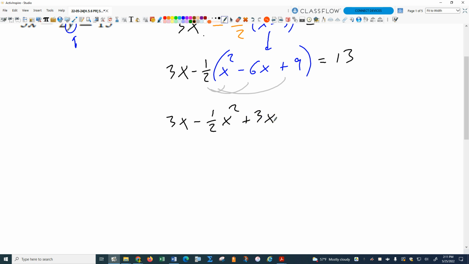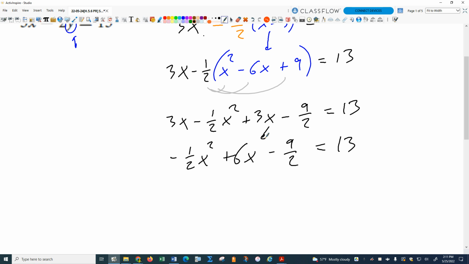And negative 1/2 times positive 9 is just minus 9/2, right? Equals 13. Any like terms I could easily combine there to make this a little smaller? Yeah, 3x and 3x gives me 6x, right? So we get negative 1/2 x squared plus 6x minus 9/2 equals 13.